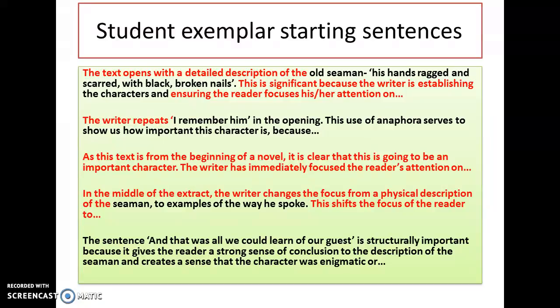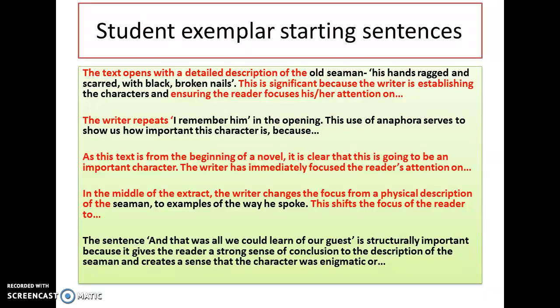So this is a student exemplar response. And what we have here are some fantastic sentences that you should be able to use when analysing the structure of any text. So the text opens with a detailed description of. You can apply that to any kind of text that you are given in the exam hall. And this is significant because the writer is establishing or creating a sense of.